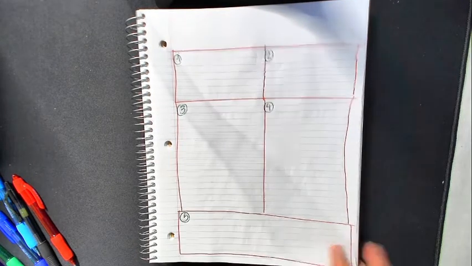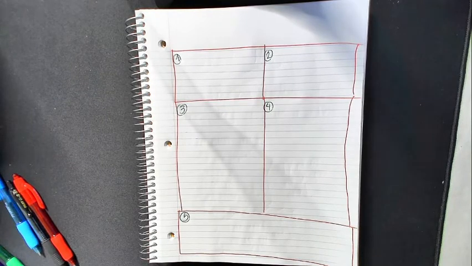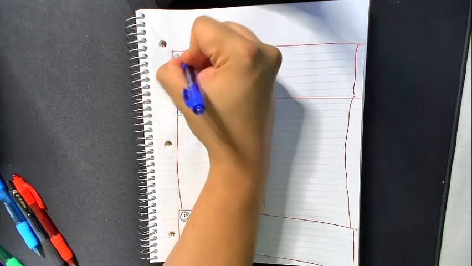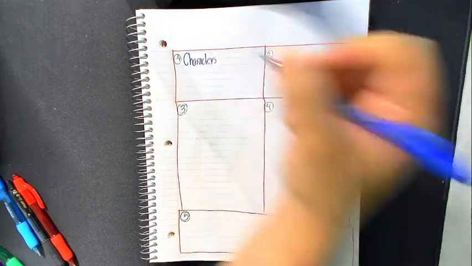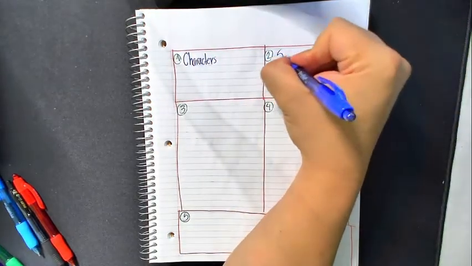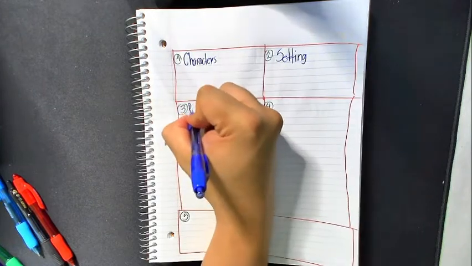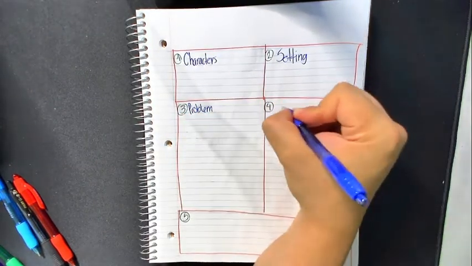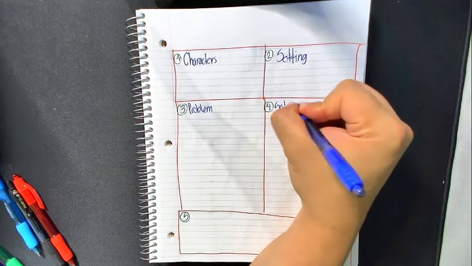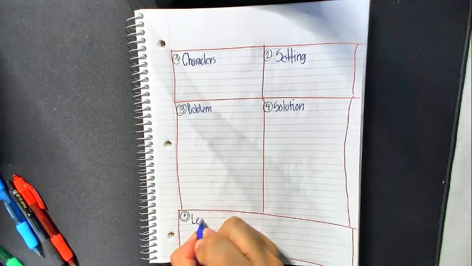That's it. So now you know what I'm going to do. I am going to be actually labeling each section. So I'm going to write here characters, setting, problem, of course, solution, and the last one is lessons.